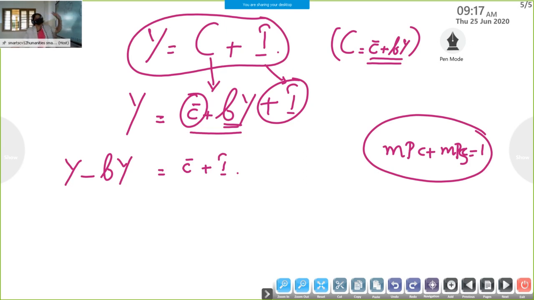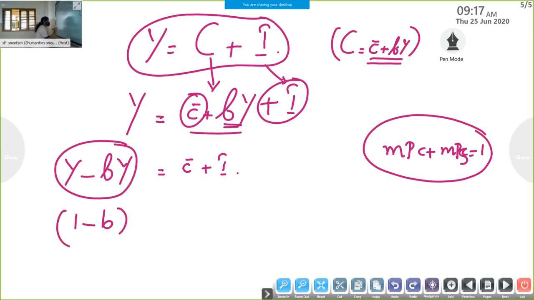Then substitute the consumption equation. Then I am doing like this. We can write this in another format, that is Y times 1 minus B, and that you also know.